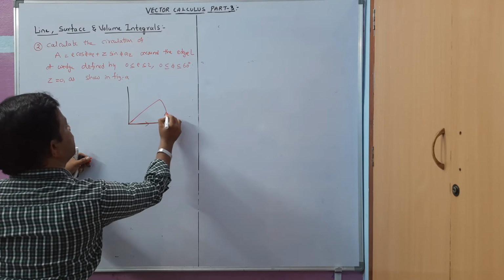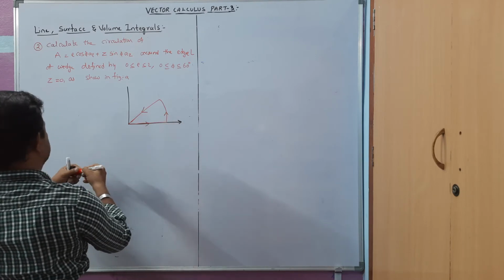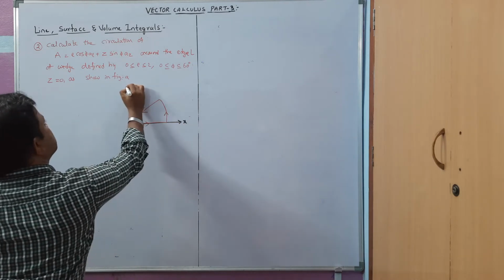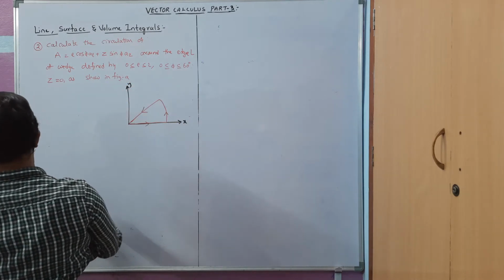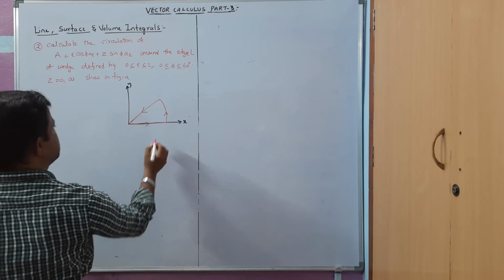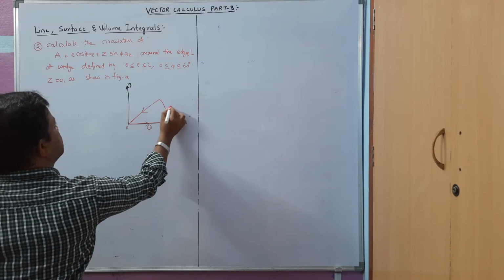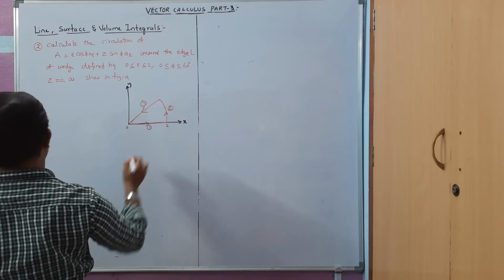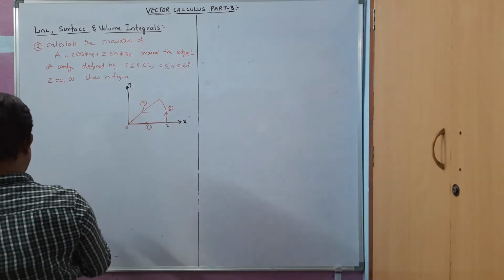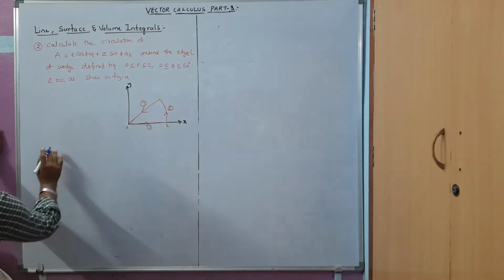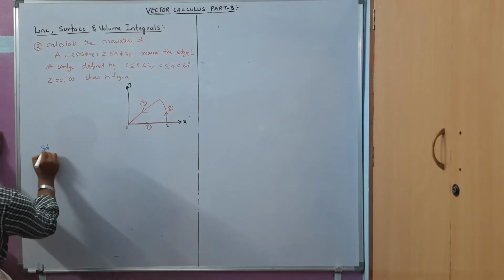Like this, and like this. So this axis has been given as xy, and he has given 2, 0. Let us take 1, 2, and 3. Okay. So he has given the vector field. Let us solve this problem. Very interesting and easy also. So the diagram is given like this, and the values have been given.